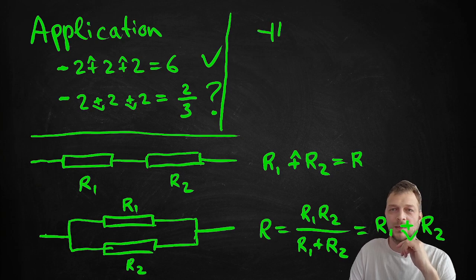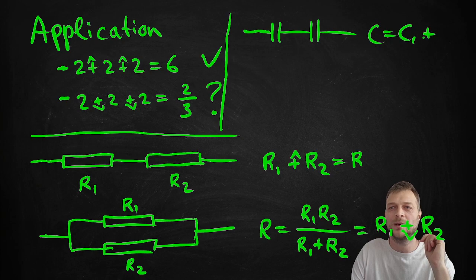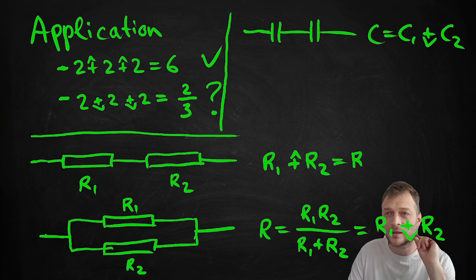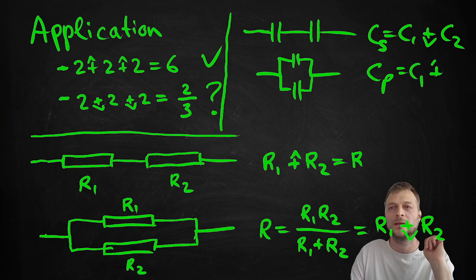If you have two capacitors connected in serial, then their total capacity will be C1 dual plus C2, and their parallel capacity, let me write here, C serial and C parallel, C parallel will be C1 plus C2.